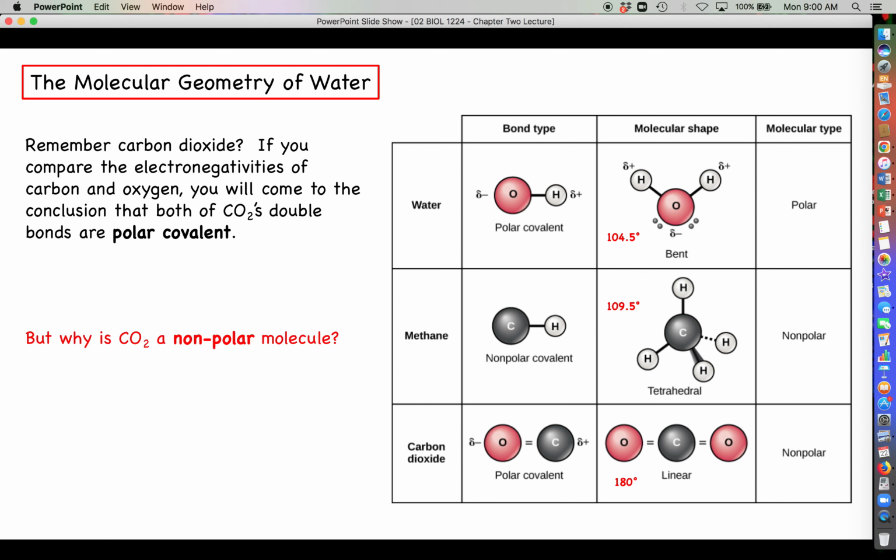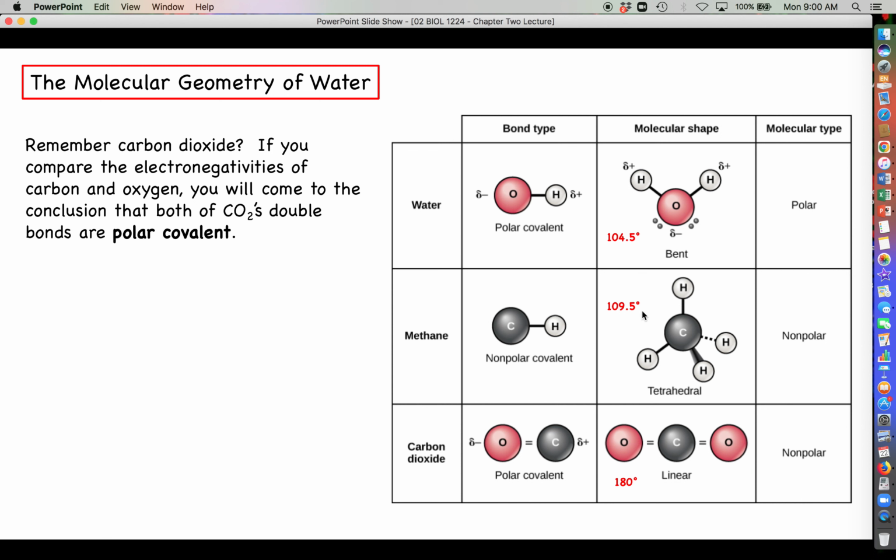So that's our explanation for why carbon dioxide is nonpolar, but water is polar. Water is bent and has those two pairs of unshared electrons, whereas carbon dioxide is linear, has 180-degree bond angles, and does not have those unpaired electrons.